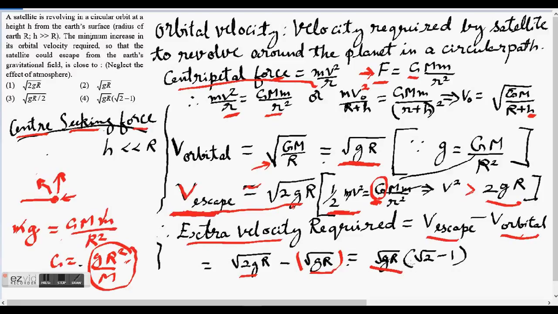So square root of gr multiplied by root 2 minus 1. And the question is the minimum increase it requires so that it could escape from the Earth's gravitational field, which is close to option number 4.